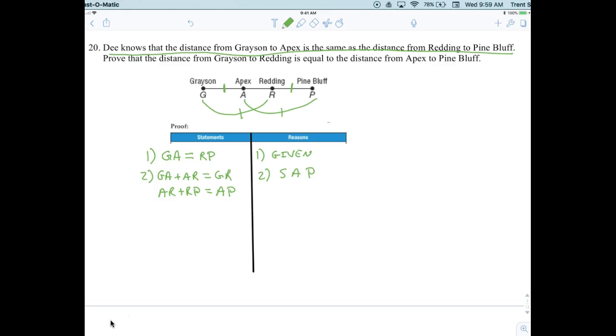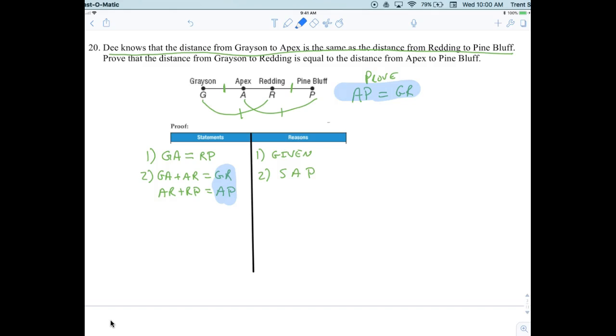Now, why is that important? I think that's important because we're trying to prove that AP is congruent to GR. Does everybody agree with that? This is what we're trying to prove. Now, why is that good? It's good because in my proof, I have two things that I'm trying to get to. Everybody agreeing with me on this, right?